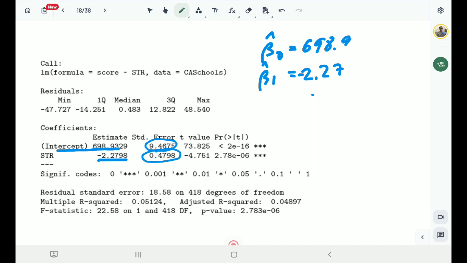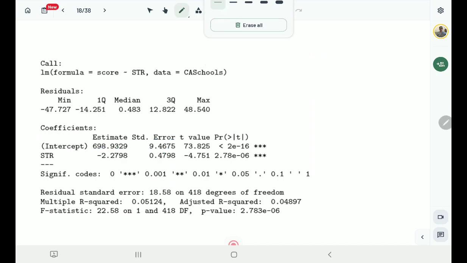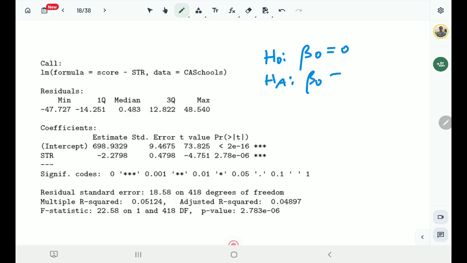And here we have t-values. The output readily reports the p-value and t-value for two separate hypothesis tests. The first is about the intercept: the null is that the true intercept is equal to 0, and the alternative is that beta 0 is not equal to 0. This hypothesis test is rejected because of the p-value, in the p-value column.